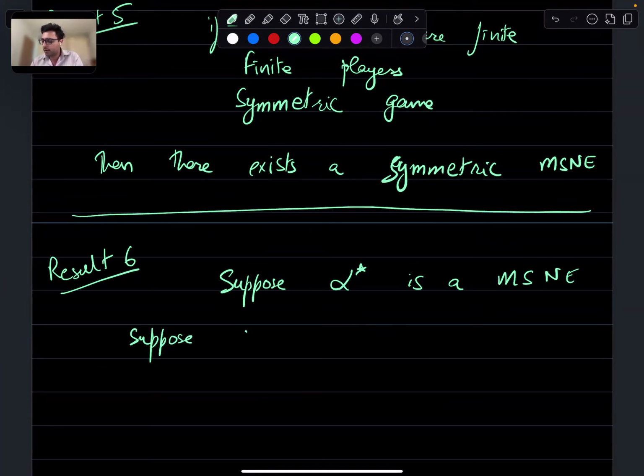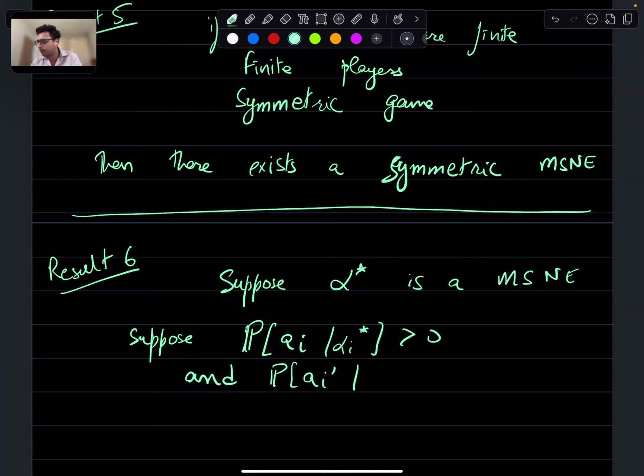Suppose the probability with which player I chooses AI given alpha I star is positive, and the probability with which player I chooses AI prime, just a different action available to player I, according to alpha I star, is also positive.